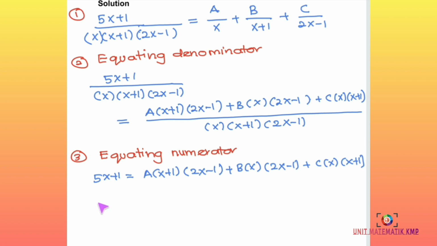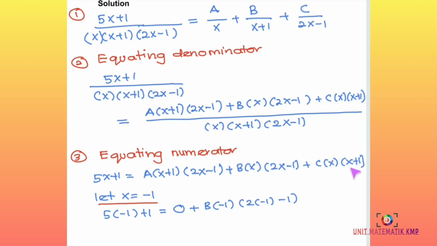So let's substitute x equal to negative 1. Here we have 5 times negative 1 plus 1 is equal to, here is 0, right? So I put 0 plus b times negative 1 times (2 times negative 1 minus 1).